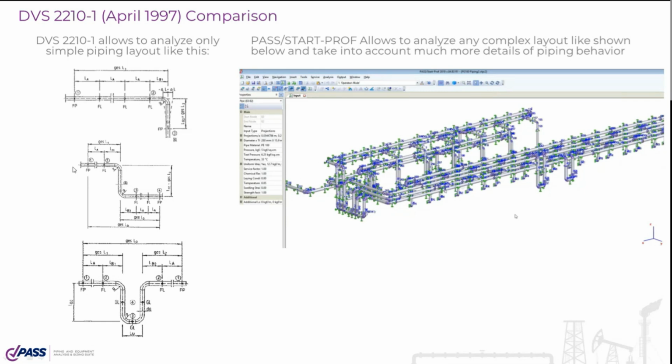It's an L-shaped loop, Z-shaped loop, and U-shaped loops. But we need to analyze complex piping systems. So that's why we expanded the equations of that code to support analyzing any complex piping system like this.